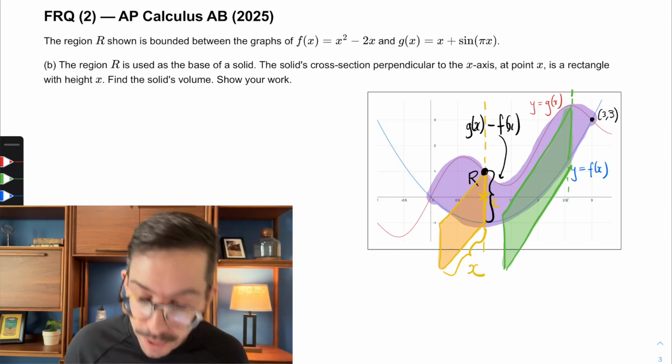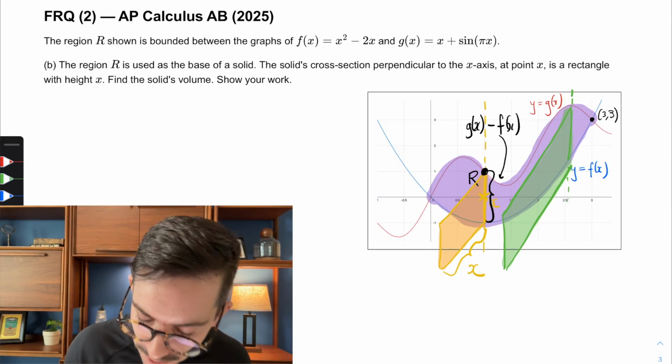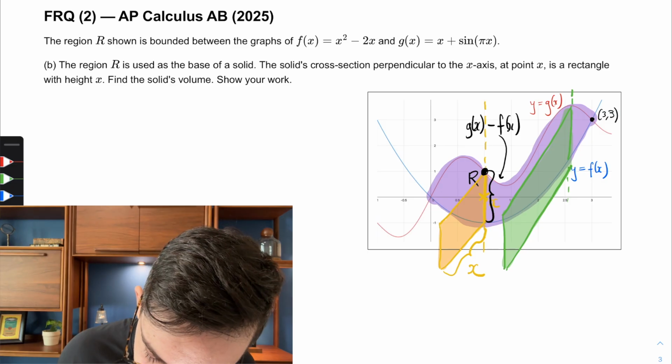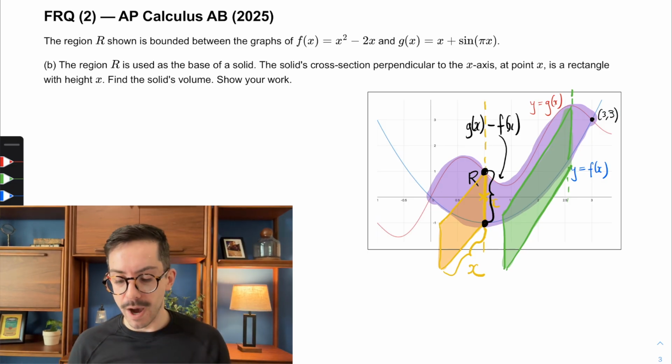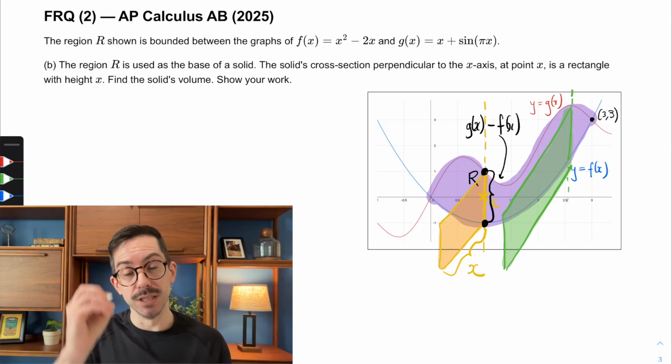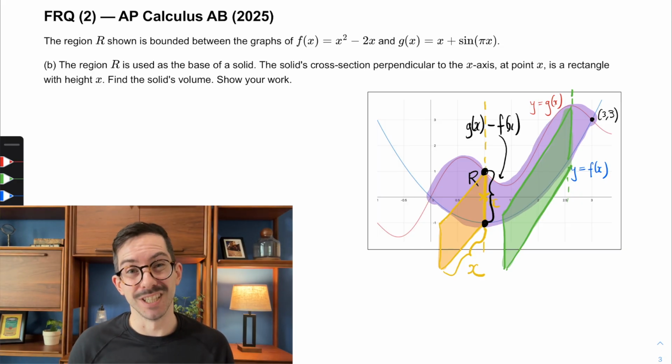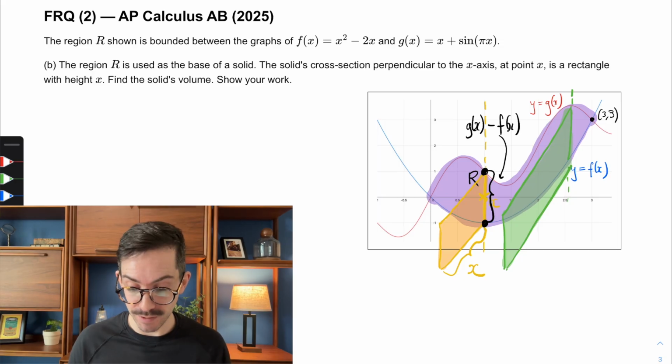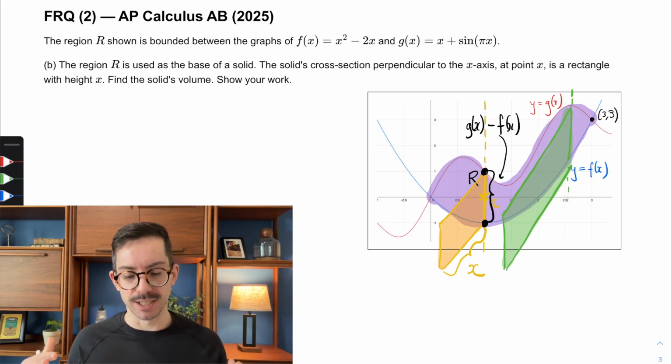Because I've got the top curve, that top coordinate is given to me by g of x. The lower y coordinate is given to me by f of x. So the length, that distance between those two black points I've plotted, is just the difference g of x minus f of x. So that's the size of these rectangles.